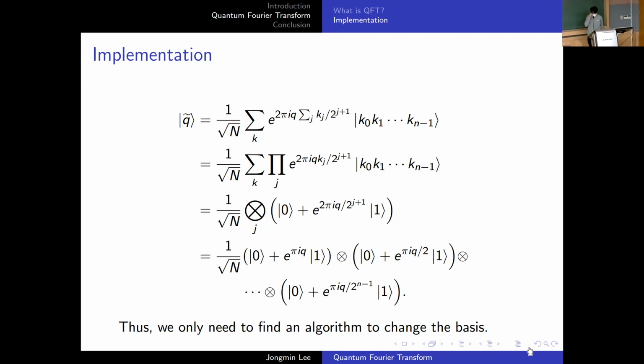You can check the expansion directly to check this factoring is right.